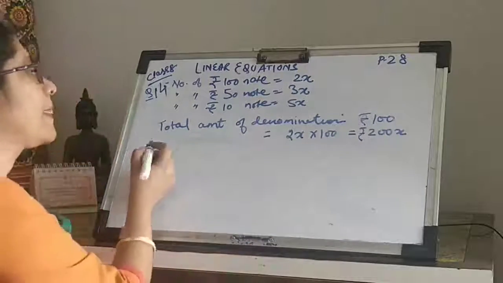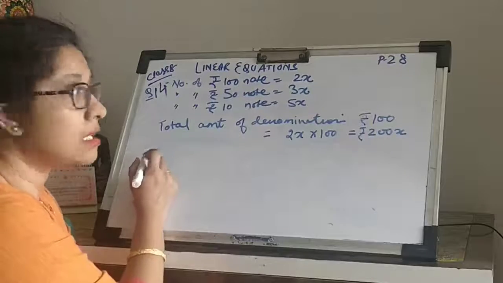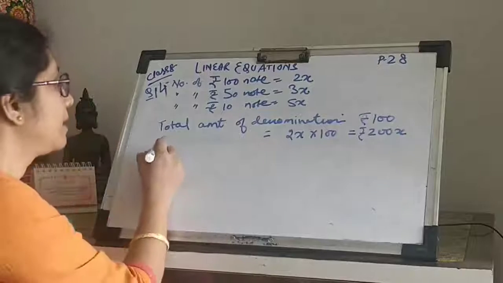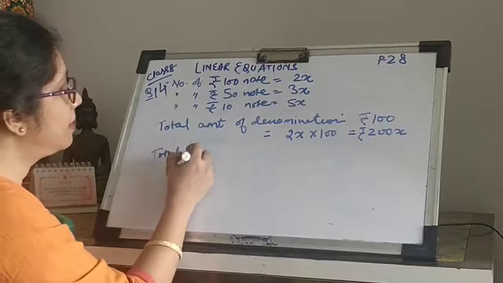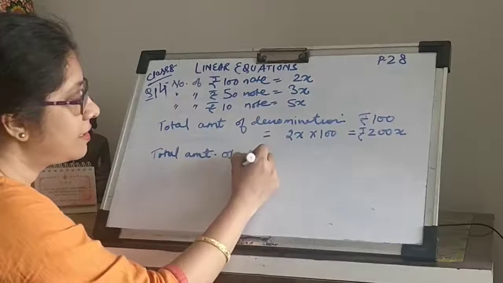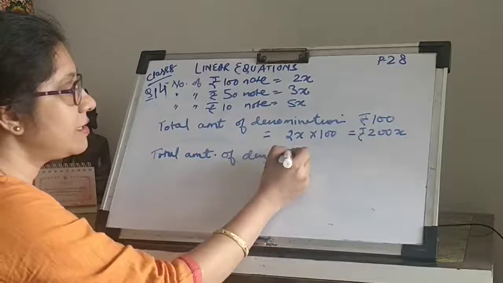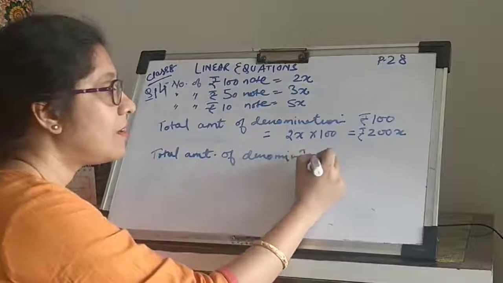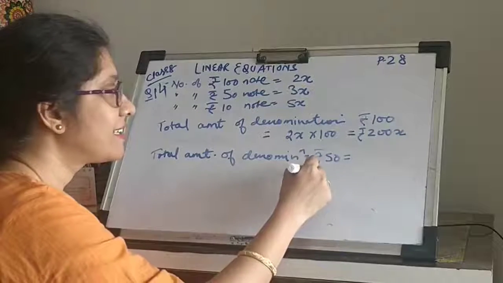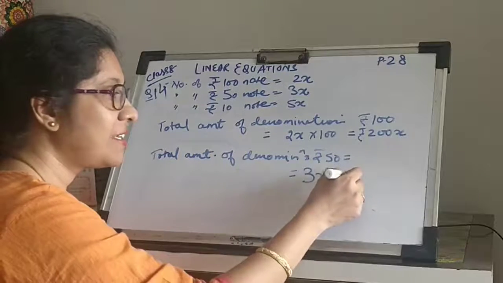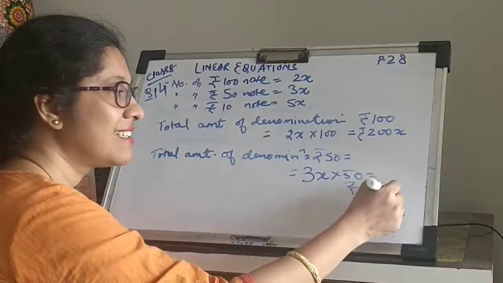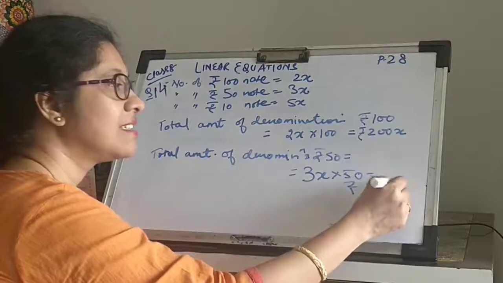Right? So what will be the total amount that 3x notes of 50 rupees each will amount to? Total amount of denomination of 50 each will be 3x into 50, which will be rupees 150x.